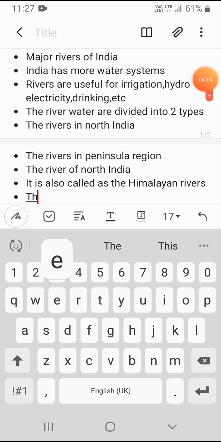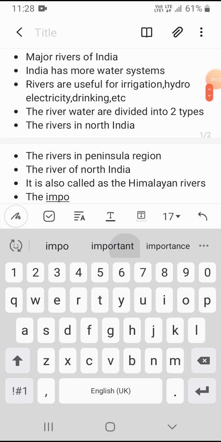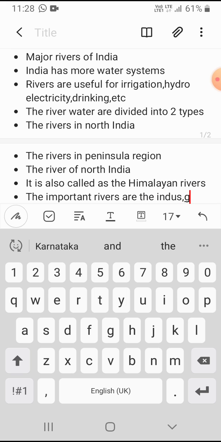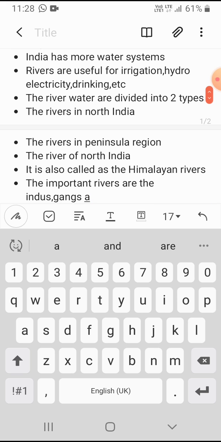The important rivers of North India are the Indus, Ganga, and Brahmaputra.